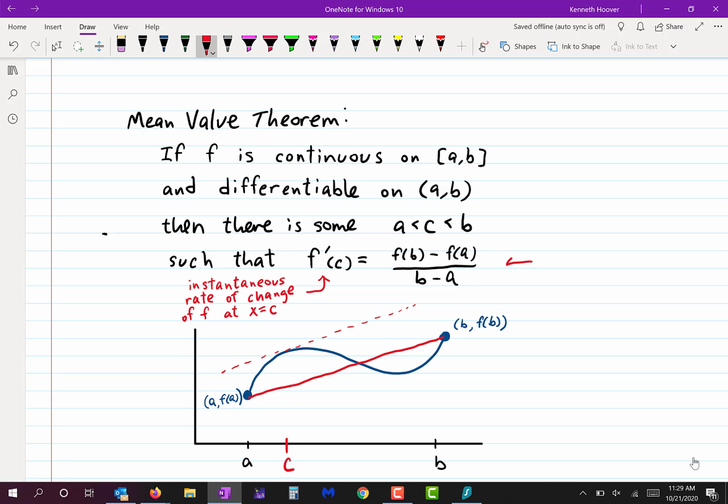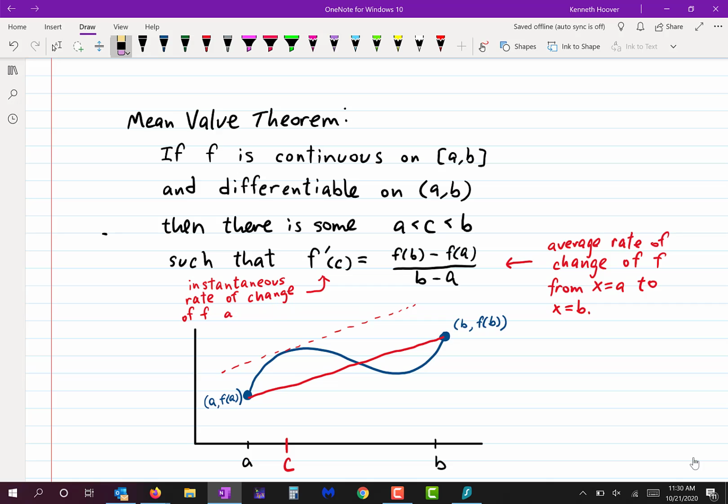This number, by the way, is the average rate of change of f from x equals a to x equals b. So the mean value theorem is saying that the instantaneous rate of change at some point will equal the average rate of change across the interval.